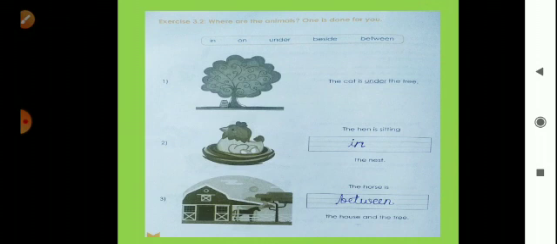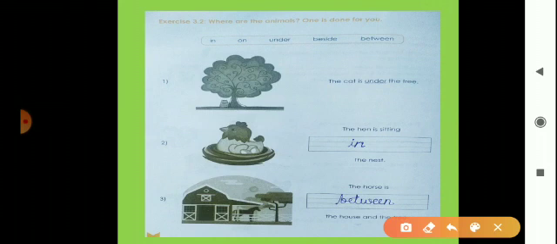Where are the animals? One is done for you. Now we will see the pictures and then solve it. The cat is under the tree. Here we can see a tree and the cat is sitting under the tree.